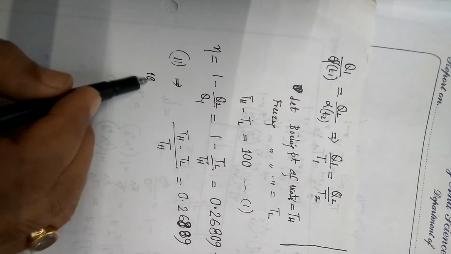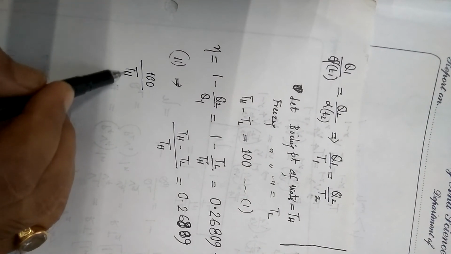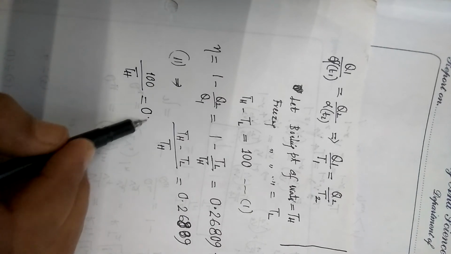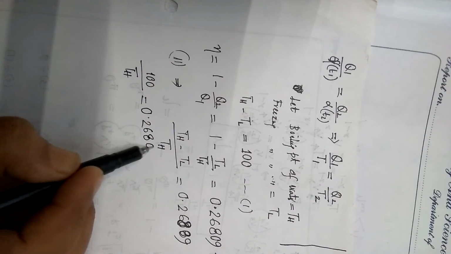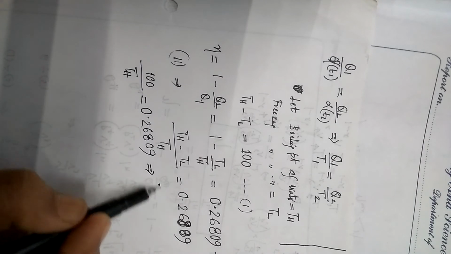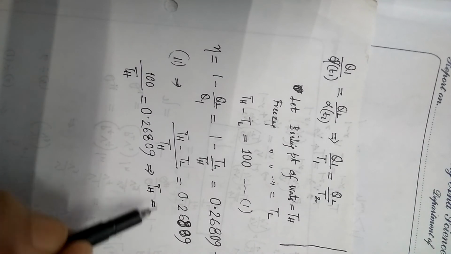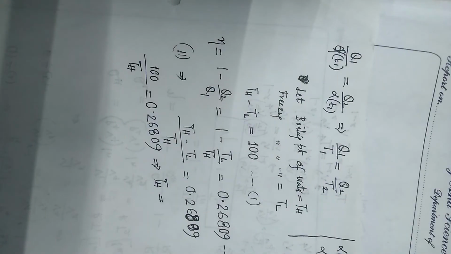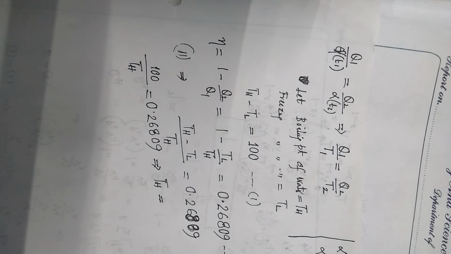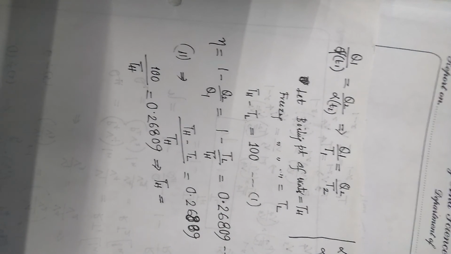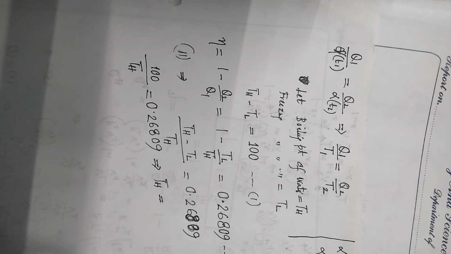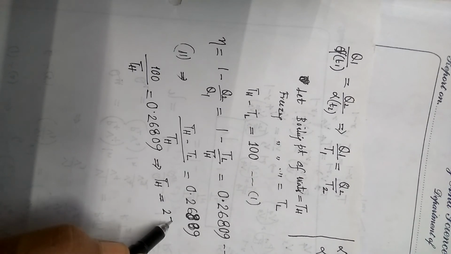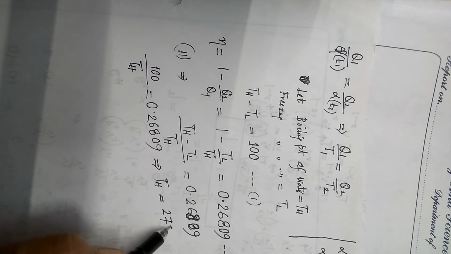So 100 by TH is this 0.26809, and thereby TH is equal to 100 divided by 0.26809, which comes very close to 373.